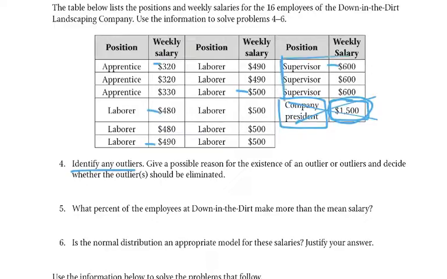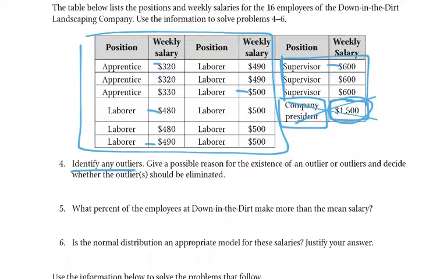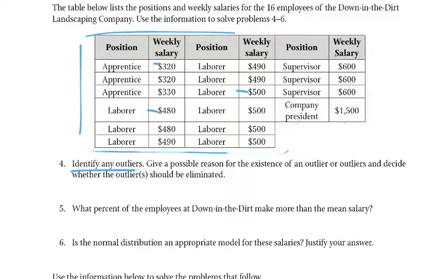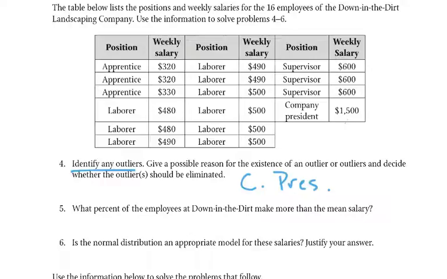And then, do you remove the supervisors? Do you do just the people that are out working? Do the supervisors go out? Are they directly working with them? What's the case here as to how or why you could remove that? That's what you've got to think about and how that would affect your data. Okay, so we know that's the company president. That's the outlier. And then whether you should keep it or not, it kind of depends on where you're going with it. Okay.